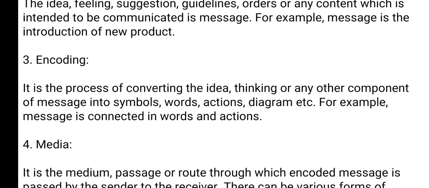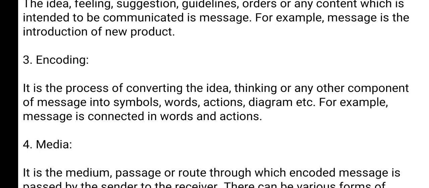Next is encoding. Encoding can be defined as the process of converting thoughts into words, symbols, actions, etc. When you think of an idea, or of sharing information, until and unless you convert your thought or your idea into certain words or symbols, the other person won't be able to understand what you are thinking.